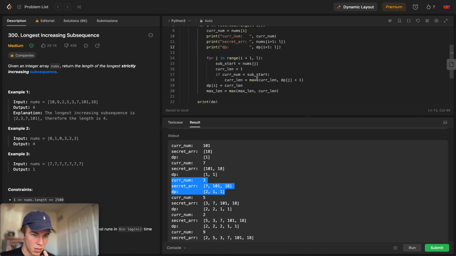Then the max, the current length is going to be 1 plus, why is current length not being updated to 3 here? Current length at this point should be 1, but dp of j plus 1 should be equal to 3, but it's not equal to 3. What am I doing wrong here?